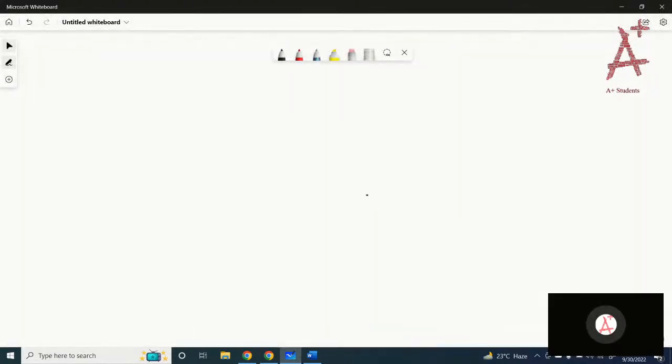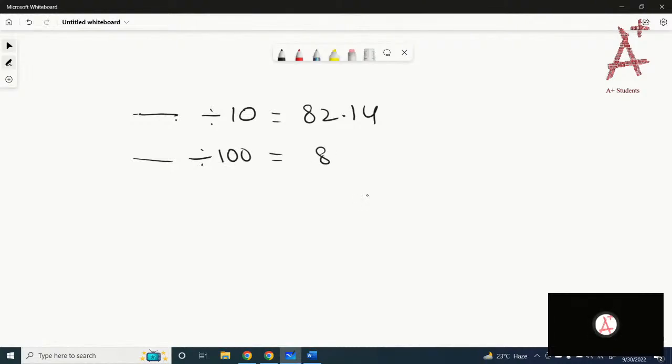So the next example is you have a missing number divided by 10. The missing number divided by 10, and the options are 82.14. Then you have the missing number divided by 100, and it would be 8.214.